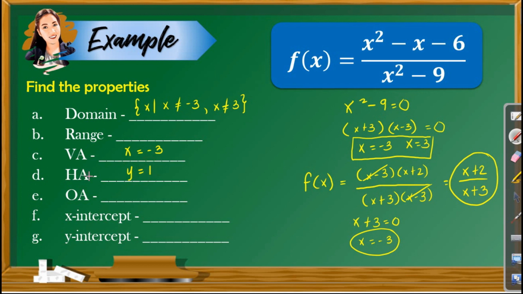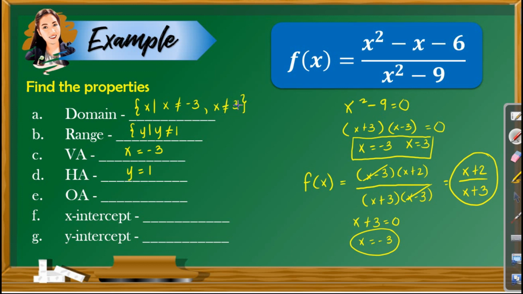Now, how are we going to find the range? First, since we have the horizontal asymptote, this gives us the first value. y should not be equal to 1. But aside from this, in our domain, aside from the negative 3, just like in the VA, we also have a value that is excluded, which is positive 3.